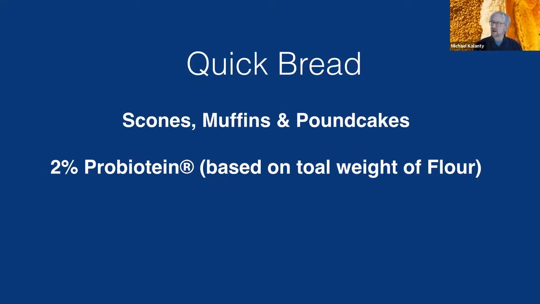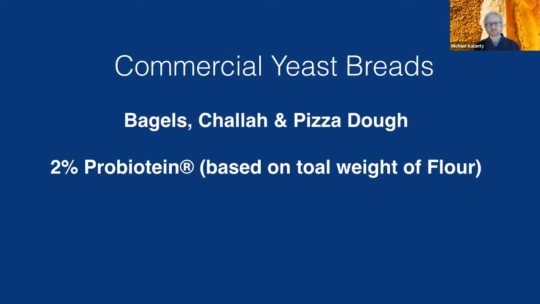And 2% ProBiotein powder really brings an umami and earthy character to it. If you think of quick breads like a whole wheat scone with dried cranberries in it, that is the type of quick bread that would really benefit from the flavor pairing as well as the nutrition from the ProBiotein.